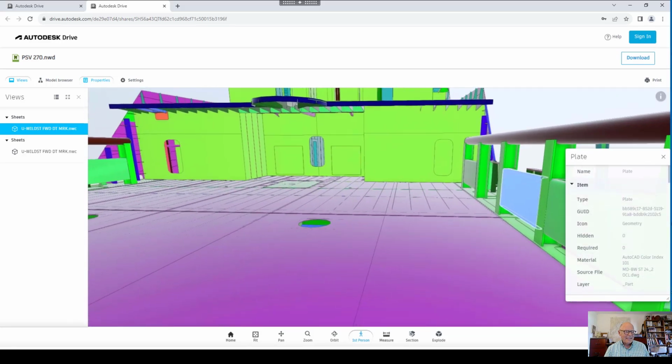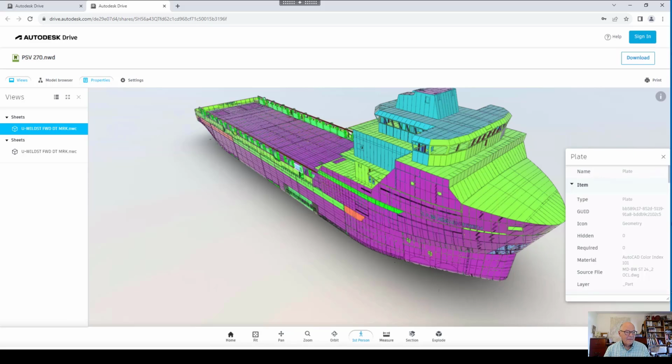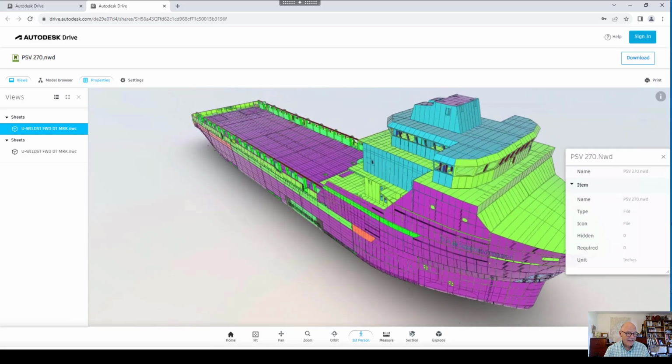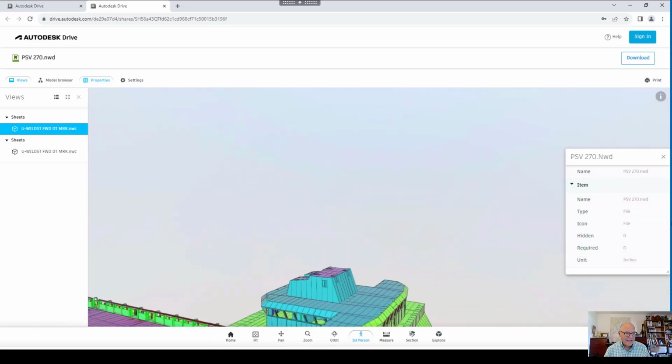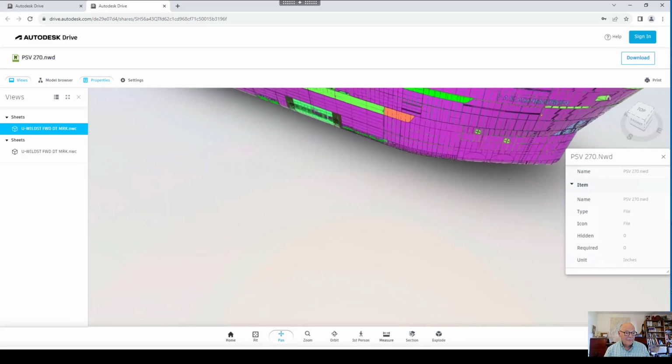Okay, that's still on the deck. If you really zoom in, you can get a look at it like that. Do a little panning here.